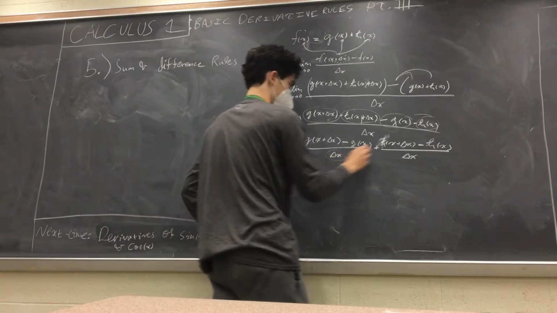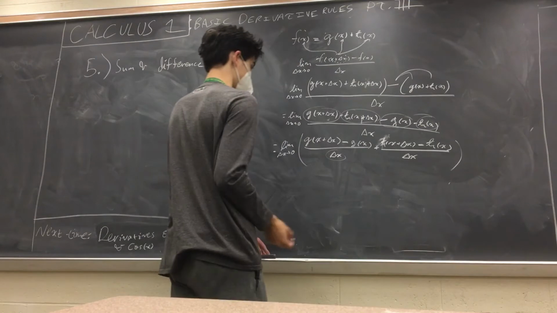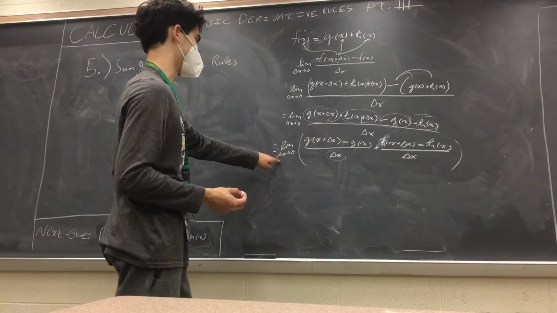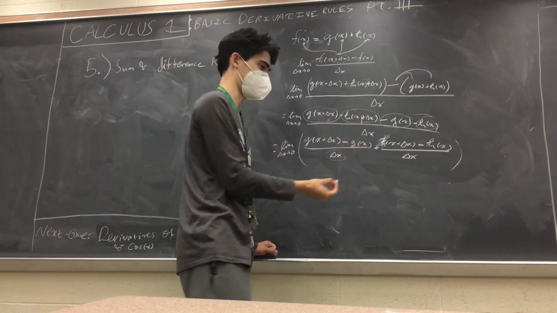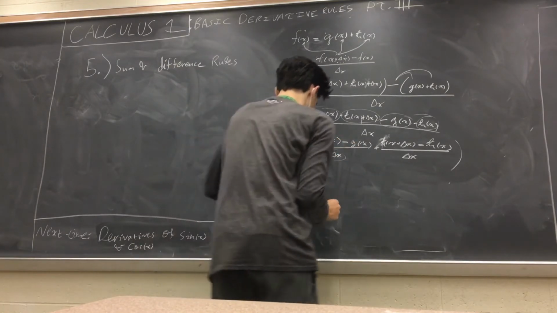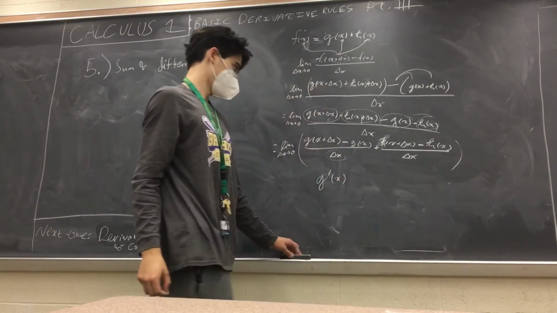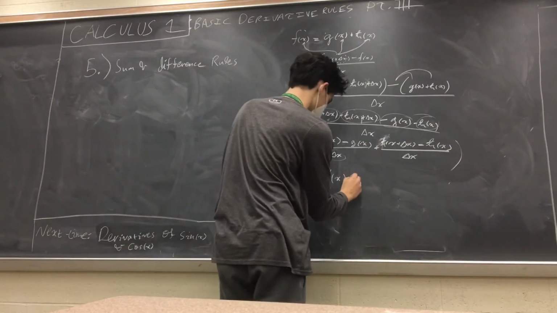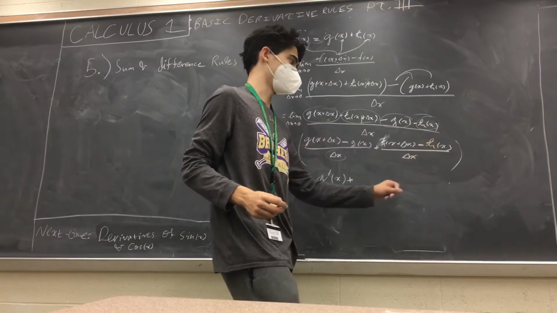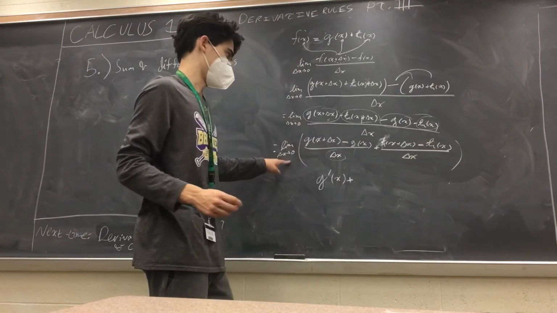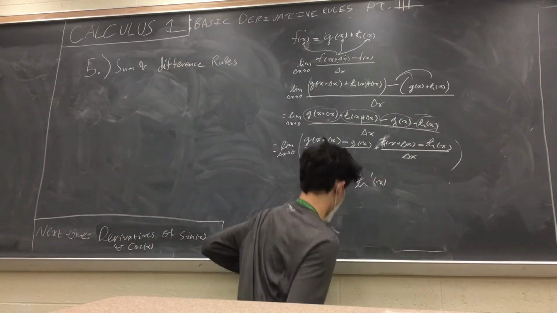Now we know that the limit of a sum is equal to the sum of the limits. So we know that the limit as delta x approaches 0 of g of x plus delta x minus g of x over delta x is g prime of x, plus the limit of h of x plus delta x minus h of x over delta x as delta x approaches 0 is just h prime of x.